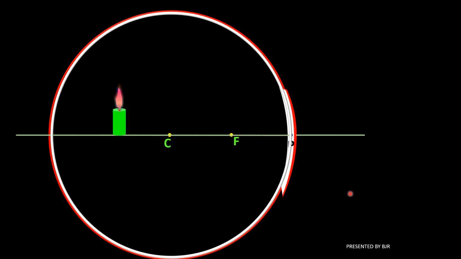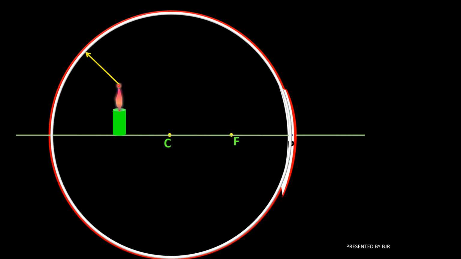Now suppose from this point, that is from the tip of the candle, I am drawing a ray like this. A ray is traveling like this. That means this ray is incident at this point. Listen very carefully, because this is a very important concept. So from the tip of the candle, I am drawing a ray like this.